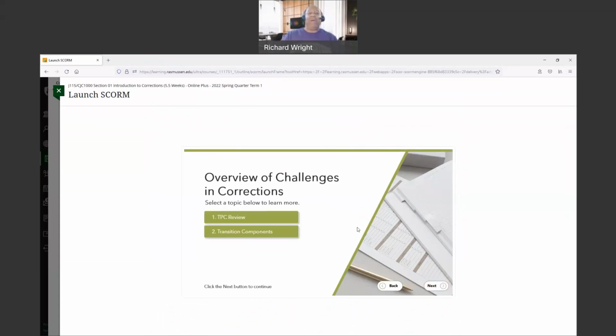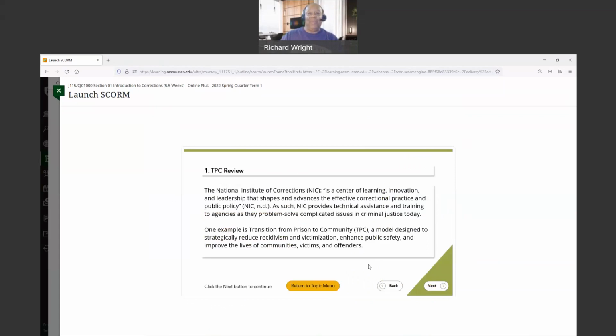So now let's talk about the overview of the challenges. And let's look at, first of all, TPC. So what exactly is TPC? Transition from prison to community. In other words, the operation of reintegration.